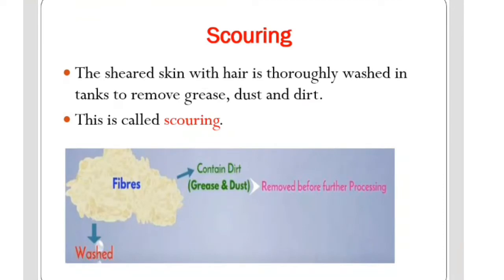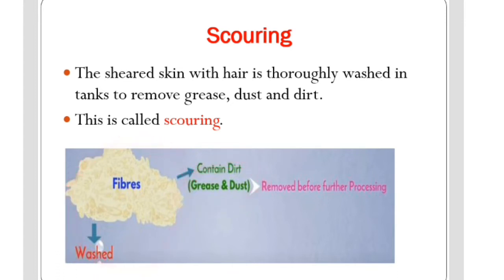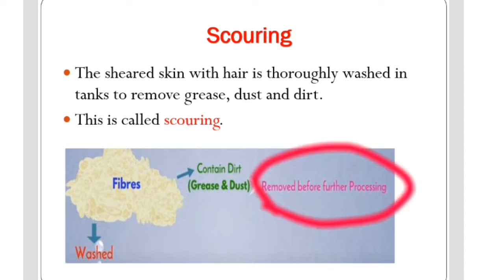And scouring is a process of preparing and washing a fiber to remove impurities such as grease and dust before further processing. Okay?